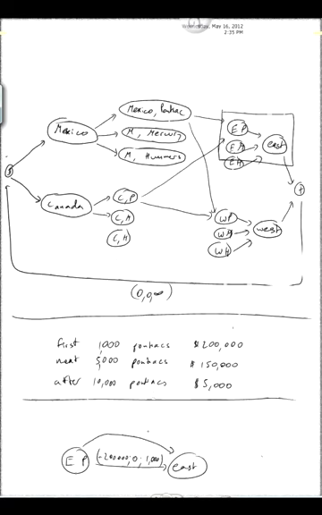Then let's add another edge. This edge is going to have a cost of minus 150,000, which represents the profit of 150,000, a lower bound of 0 and an upper bound of 5,000.